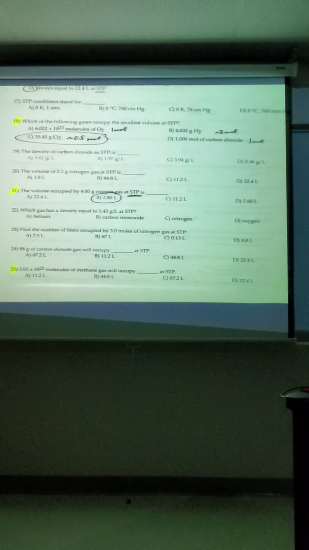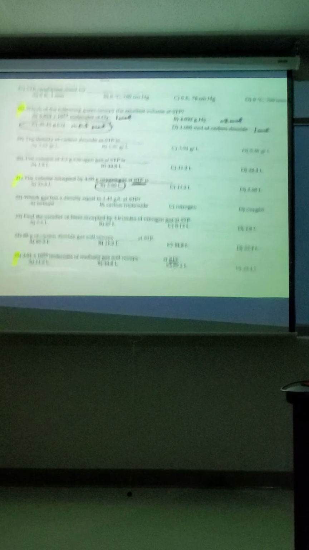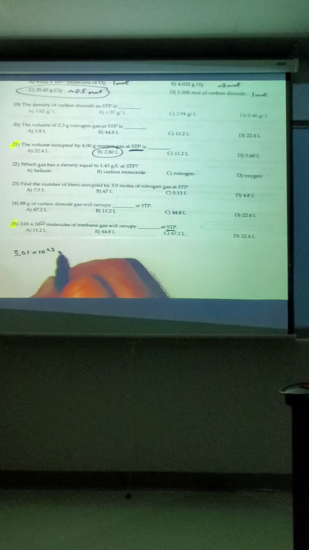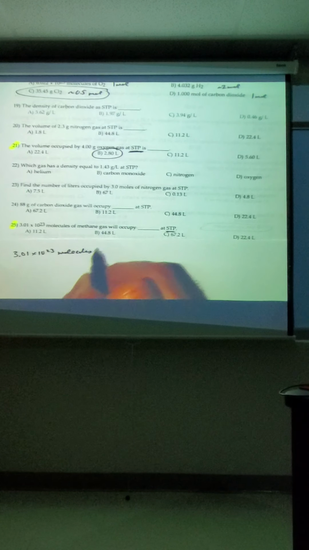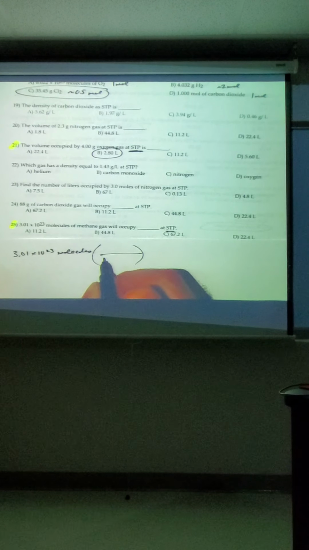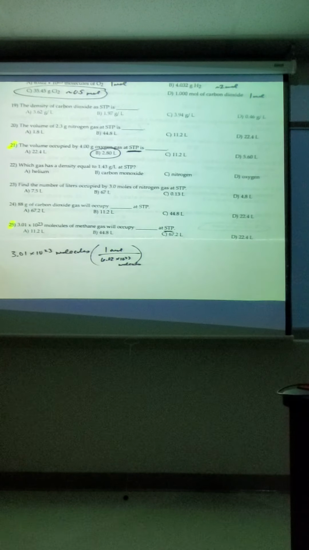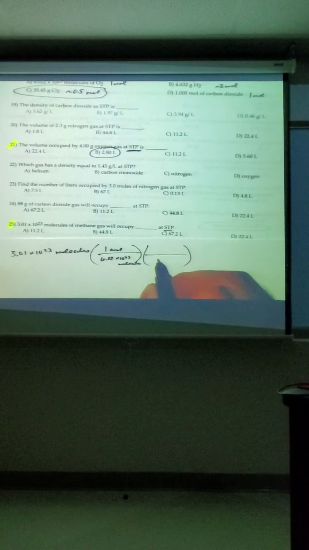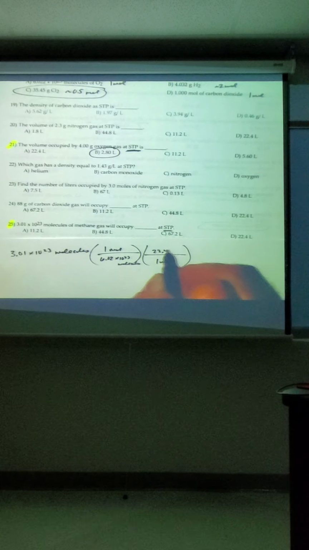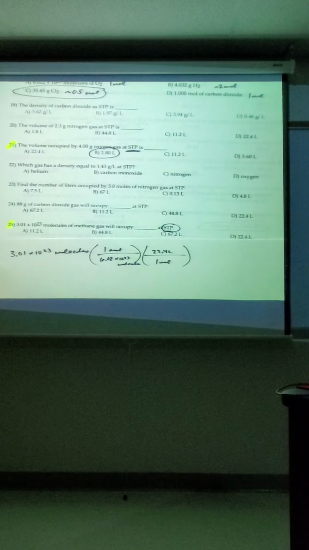Very similar on the bottom. It says STP again. So if we have 3.01 times 10 to the 23rd molecules, we know that Avogadro's number would be 6.02 times 10 to the 23rd molecules per 1 mole. And we know now also that 1 mole is 22.4 liters at STP, but again they said STP. So we don't need to use PV equals nRT.